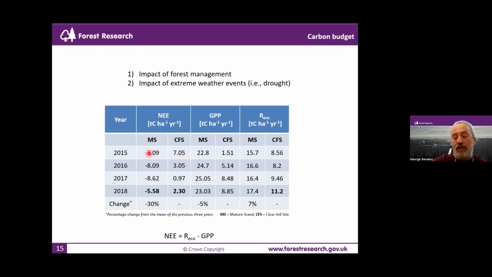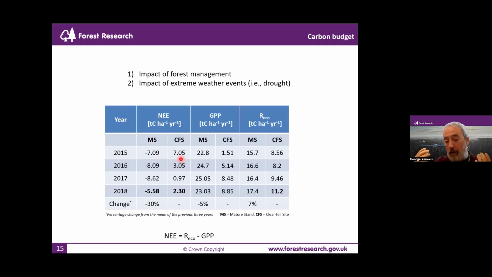By continuing to monitor the site over the years, we saw that the forest was really growing very well, whereas the site that we felled at the beginning of 2015 was starting to recover. By recovering, I mean it was emitting less and less carbon dioxide every year. That's because new trees were starting to grow, natural regeneration. There were a lot of grasses, so there was a lot of photosynthesis happening there as well.